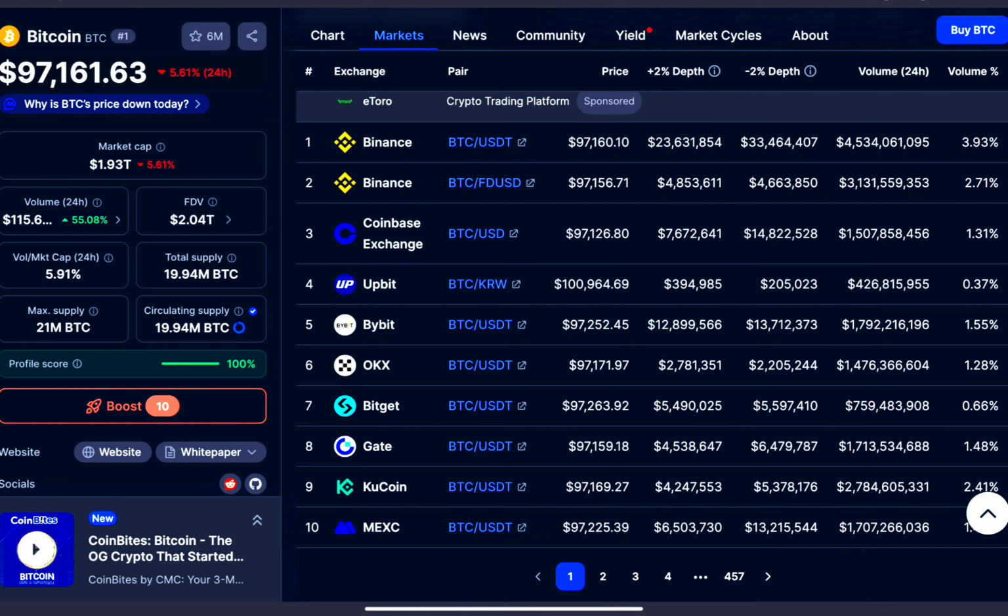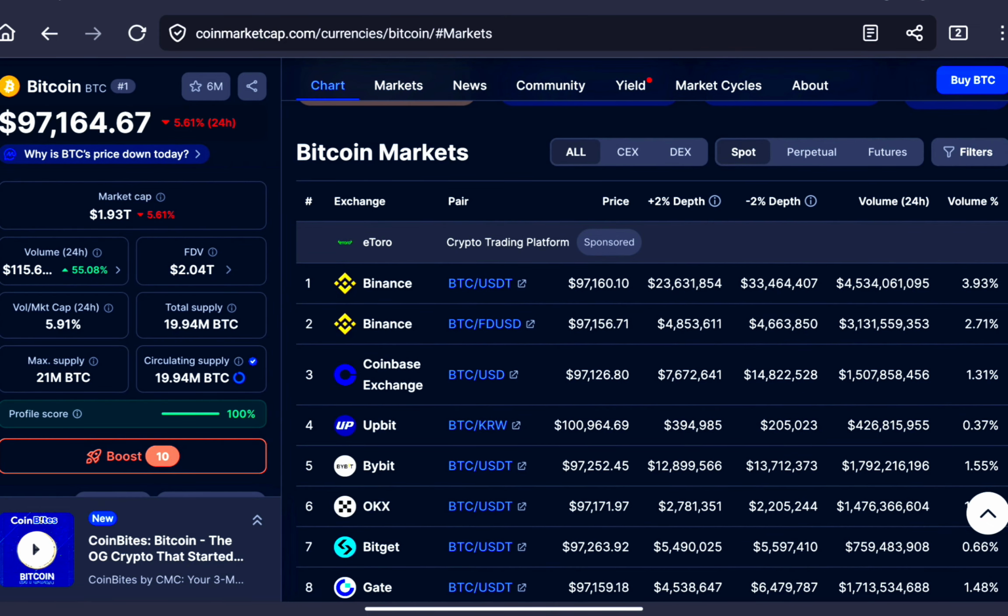So basically, you can do this over and over again and make as much money as possible, presuming the market does not move high or low within the time period you're doing this. But let's say you don't want to take the risk of the market moving on you. Here's something else you can look at. You can still have BTC USDT and BTC FDUSD, and one is cheaper than the other.